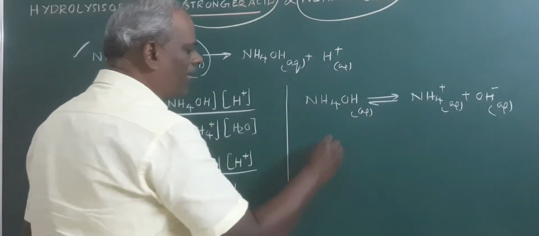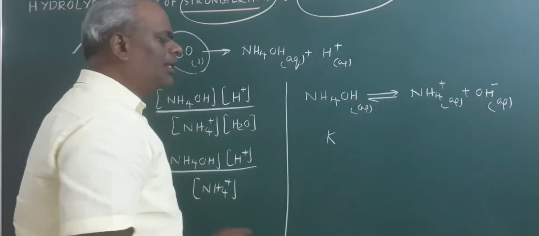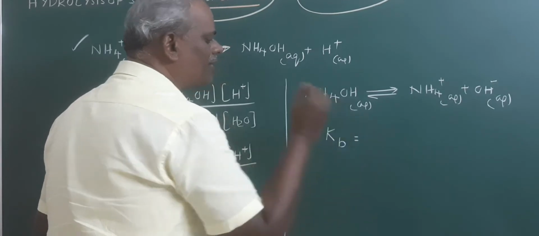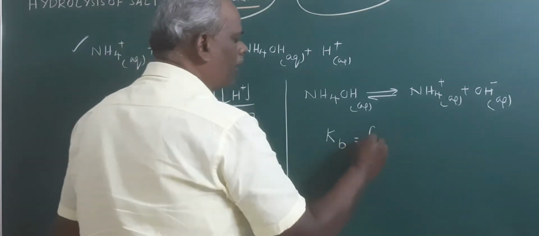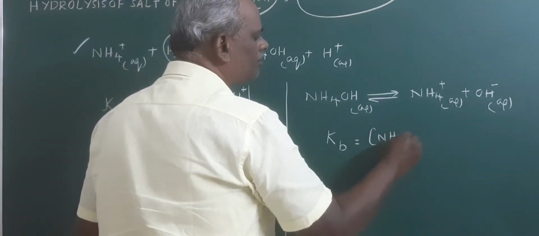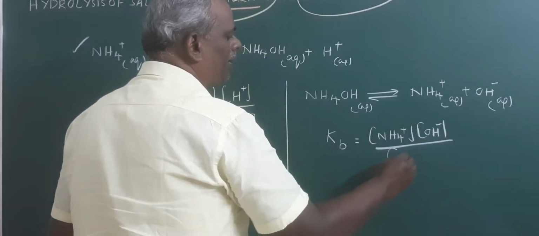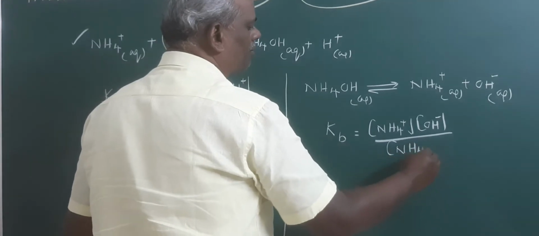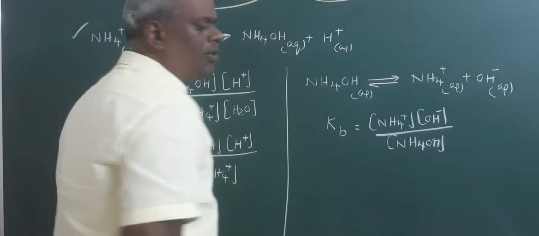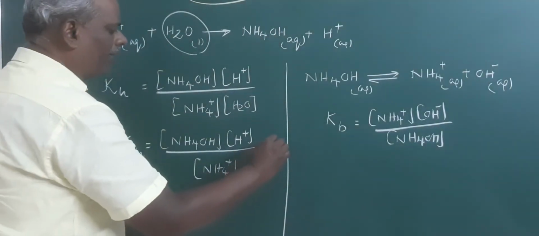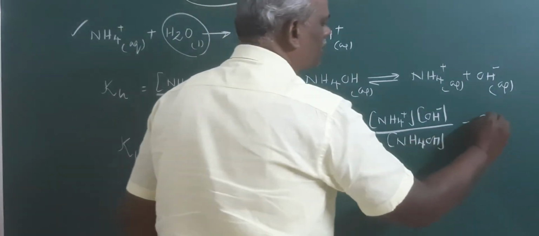We will try to find the value for Kb, that is equal to NH4 plus into OH minus divided by NH4OH. Take the hydrolysis constant expression as equation number 1 and this one as equation number 2.